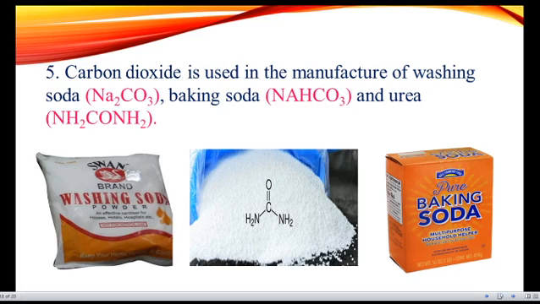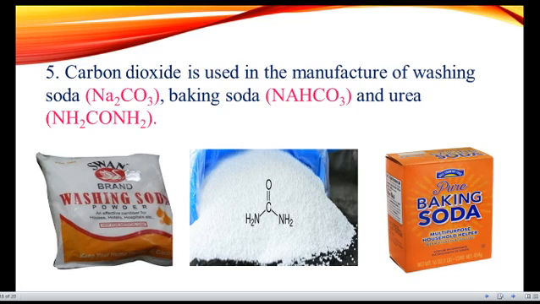Washing soda is nothing but sodium carbonate, prepared with the help of carbon dioxide. It is used for washing purposes, and baking soda is used in the food industry. It is nothing but sodium hydrogen carbonate. And urea is used as a fertilizer. It is also prepared with the help of carbon dioxide.